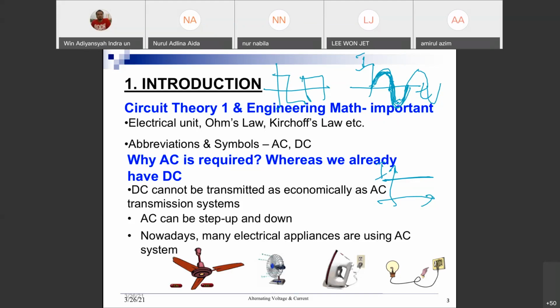The problem will happen if the cable gets longer and longer, because the longer the cable for DC, the bigger the loss, since the cable has resistance, and the I value is constant. As for AC, the I value keeps changing.